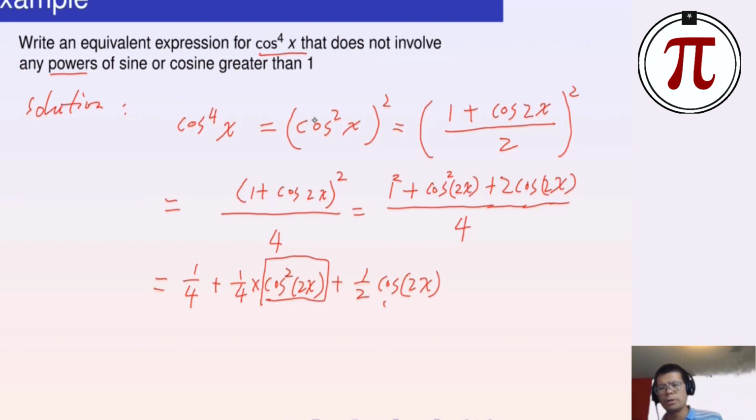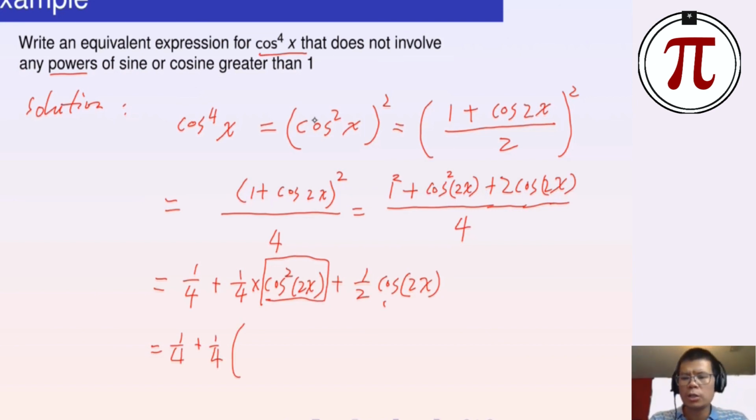We need to do another reduction formula. Again, we have cosine square 2x, right? So this is a square, so we can apply another. This is 1 over 4 plus 1 over 4. Now this one is going to be what?